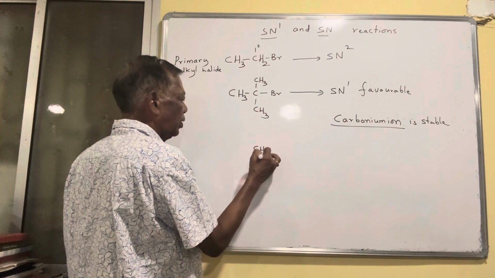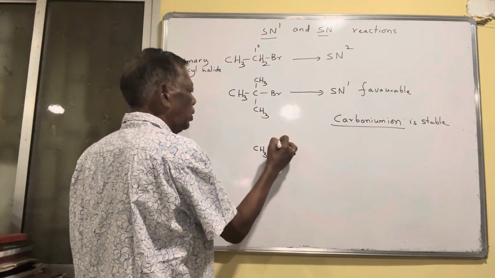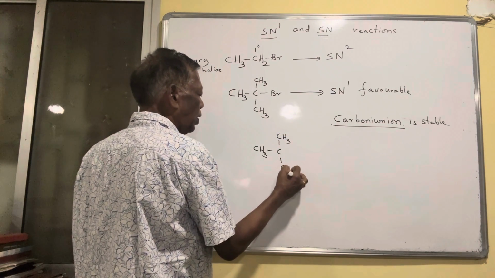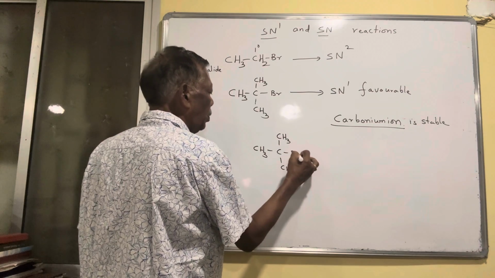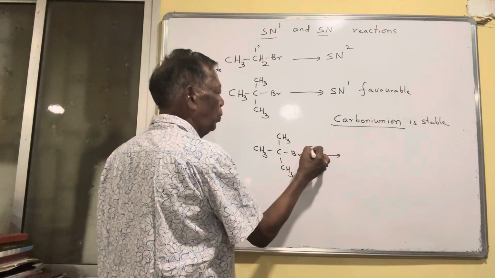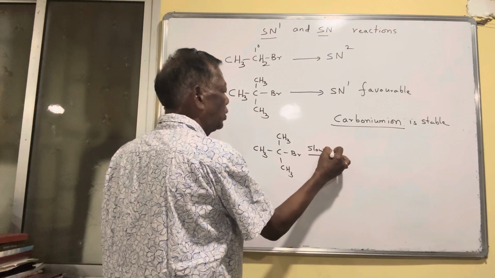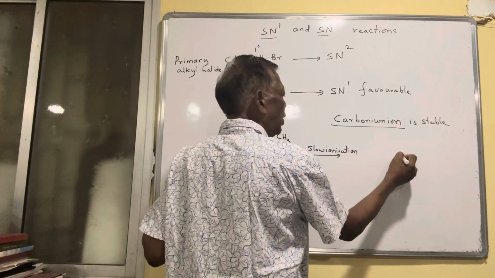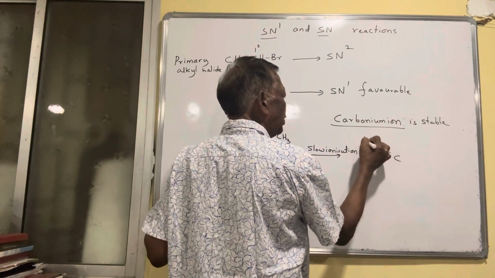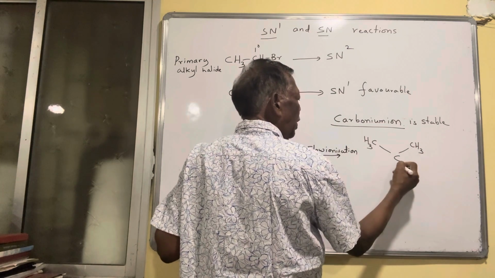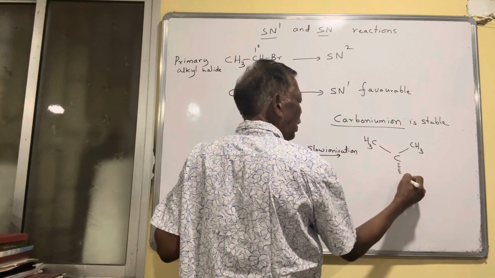Suppose we have here, as I have explained in the earlier video, the reactions I have explained. So suppose we have here Br. Now this will undergo slow ionization. And as a result of this, this will produce a carbonium ion which will be like this, CH3 and CH3.